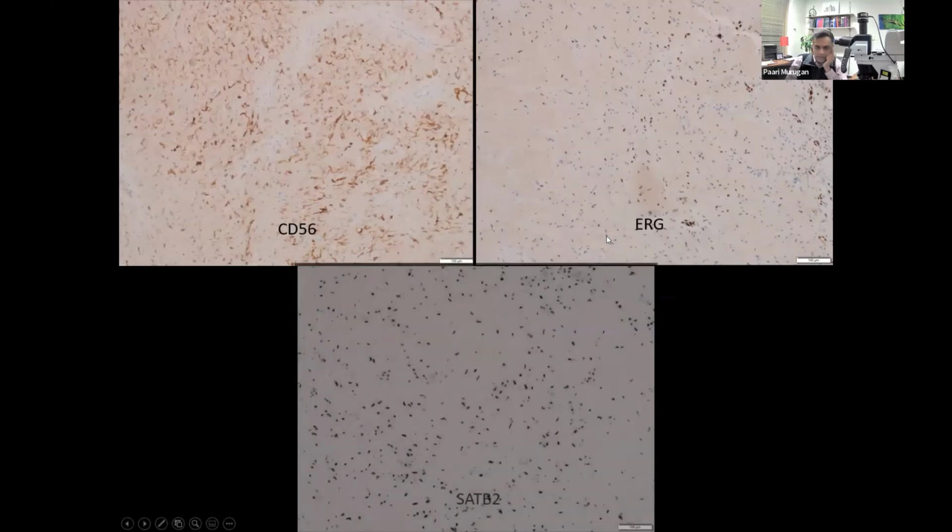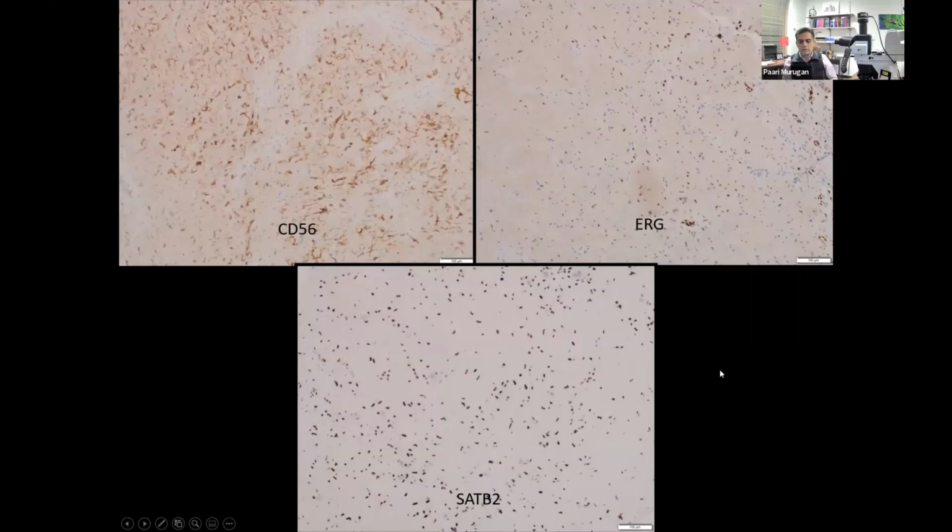And then finally, I also did a SATB2, which is strongly and diffusely positive in the tumor cells. So SATB2, as you know, is a very good marker for colon cancer, but it's also a good marker for cells of osteoblastic derivation. So that was diffusely positive in this case.